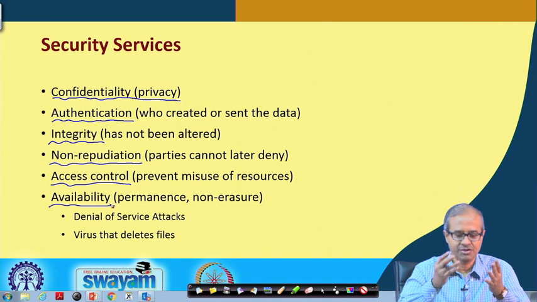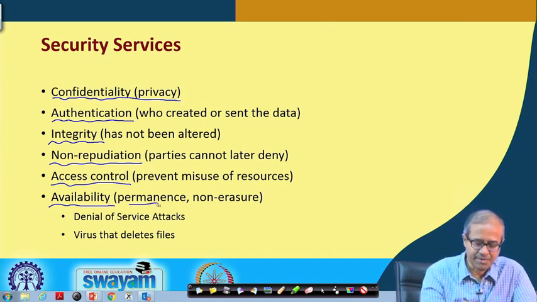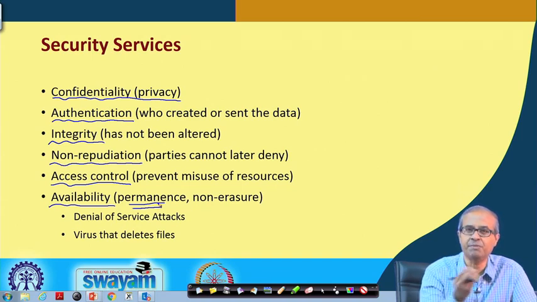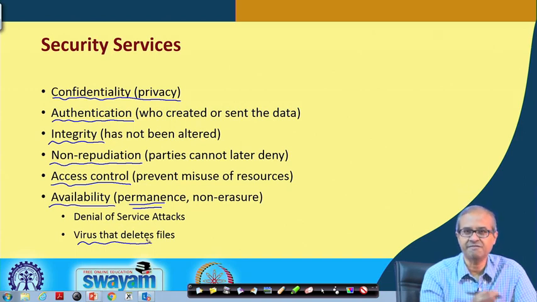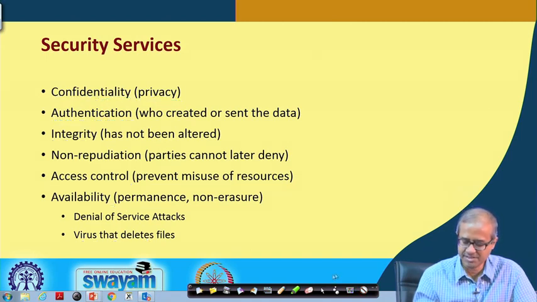These are some features in which we demand some kind of permanence. They should not be erased or removed, they should always be there, always be made available. Data deletion is one thing, of course, and viruses also fall under that category. Some viruses can delete files from your computer. These are some of the security services which you can think of.